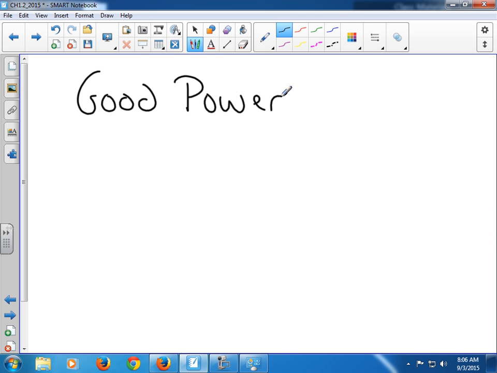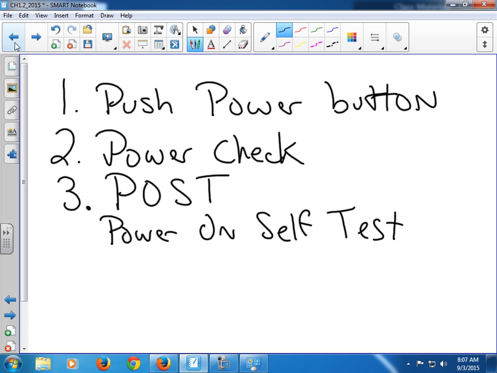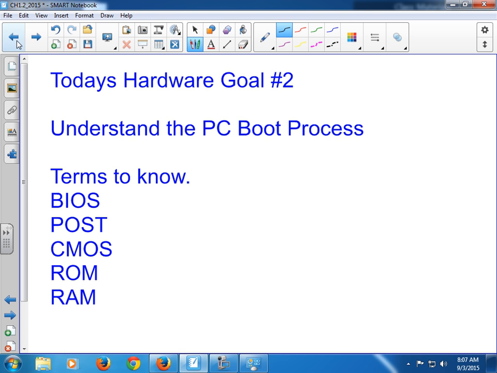It needs a CPU, and it needs memory. It always checks for those things before it goes on with anything else. Okay? So, of our terms here, the power on self-test is running.